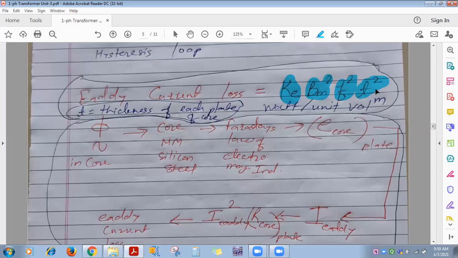It's squared. Okay, got it? In the previous formula, V is volume and here T is the thickness of each plate. So the unit for the previous formula was watt. Here it is watt per unit volume. This one you keep in your mind. It is not in watt. It's watt per unit volume. Got it?